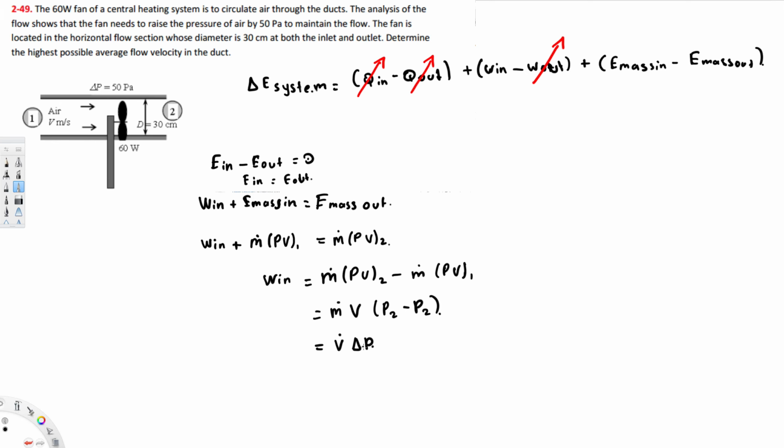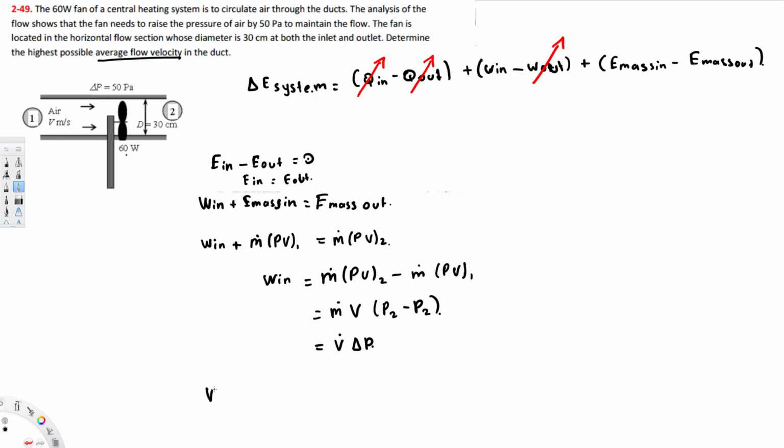So let's see how we can use this one. The question is asking us to find the velocity, right? If we can find the volume flow rate, and if we divide that by area, that's going to give us the velocity. And we have work in that's provided, delta P is also provided, so we can find the volume flow rate.